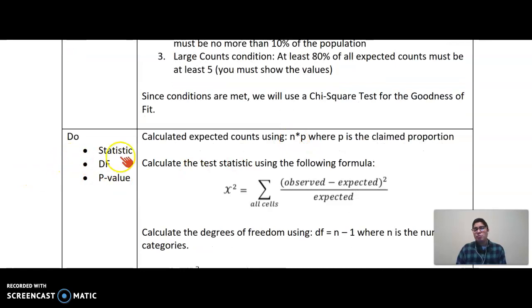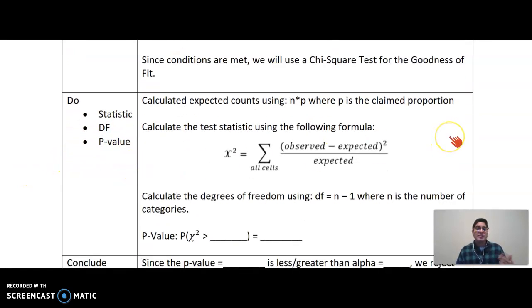Now, the do portion is technically where we calculate our test statistic and obtain our p-value. So here, we're going to take n times p, where p is the claim proportion, and we know that n is our sample size. Now, to find the chi-square test statistic, this value here is chi. So we say chi-square equals the sum of the observed value minus the expected value, squared.